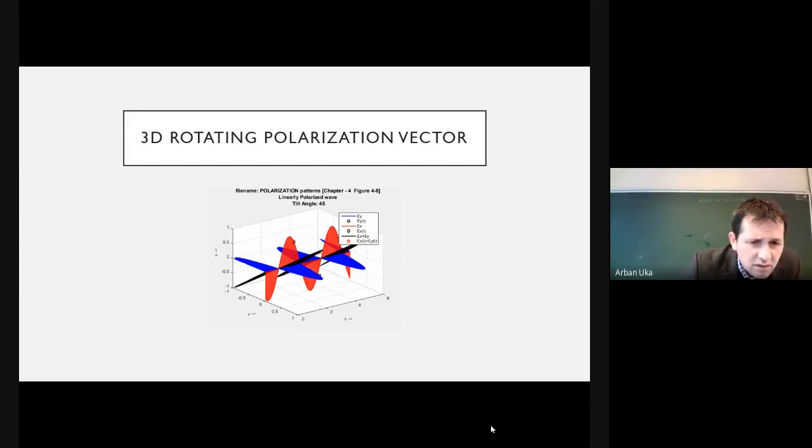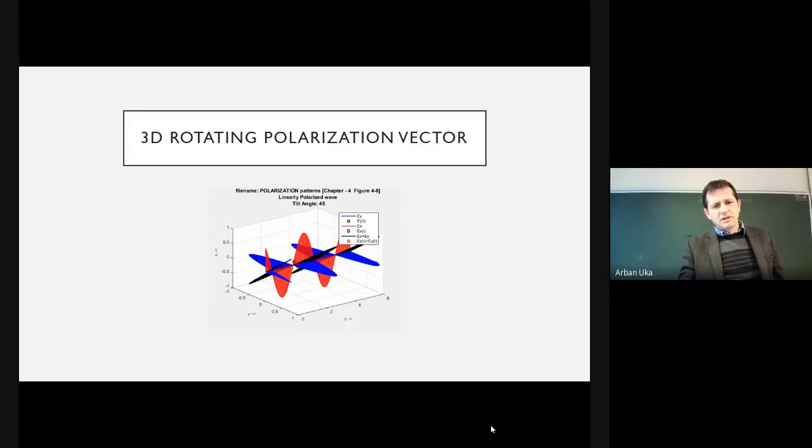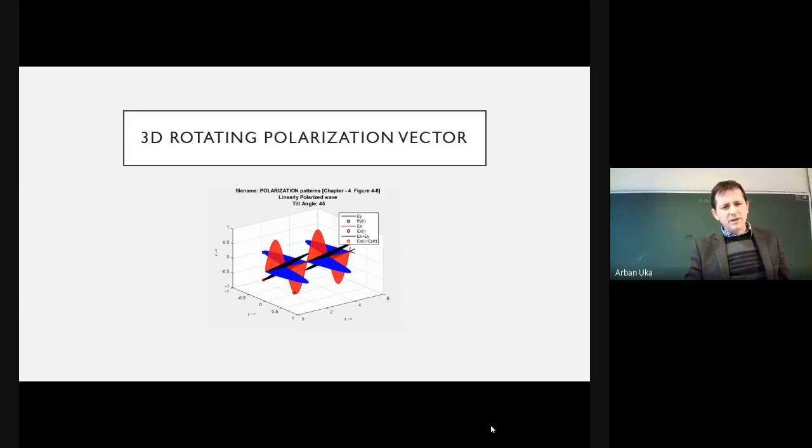The propagation is along the Z-axis, which means that the wave will be propagating along the direction to the right, and the orthogonal directions X and Y of the propagation direction are the plane where we can measure the electric field and the magnetic field.